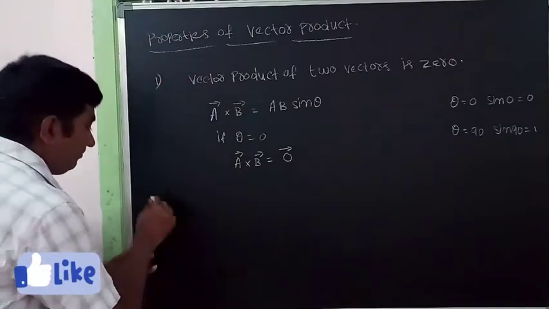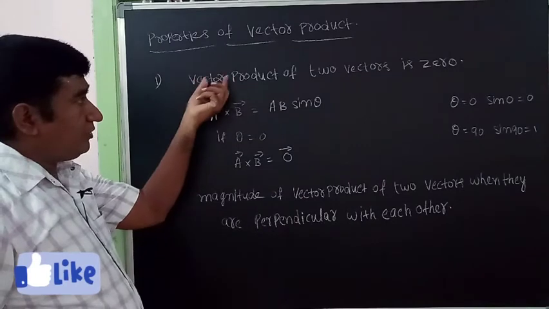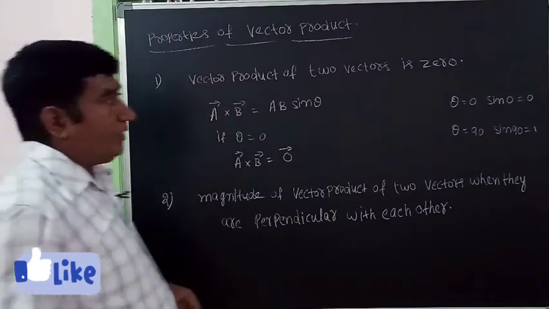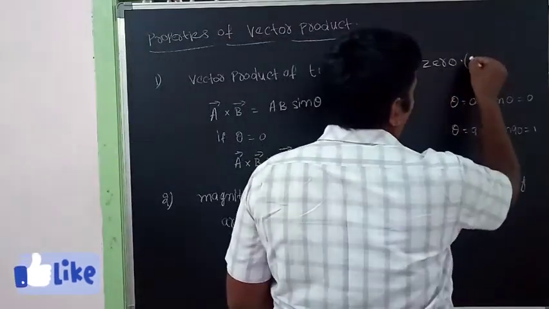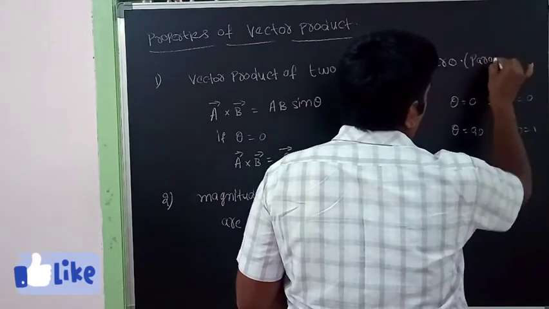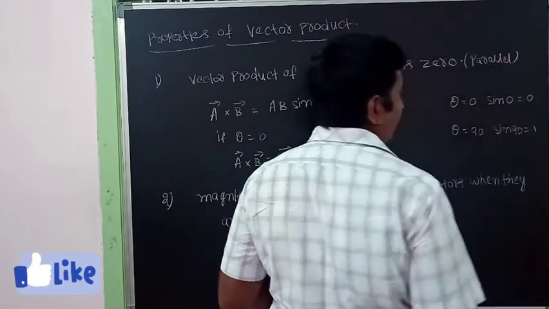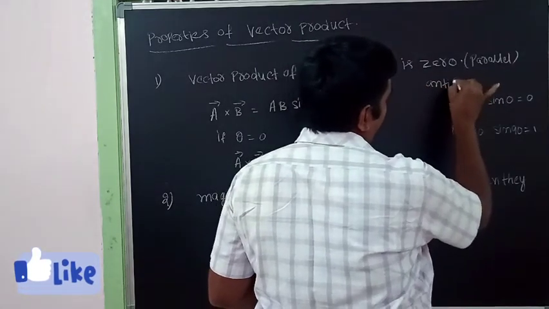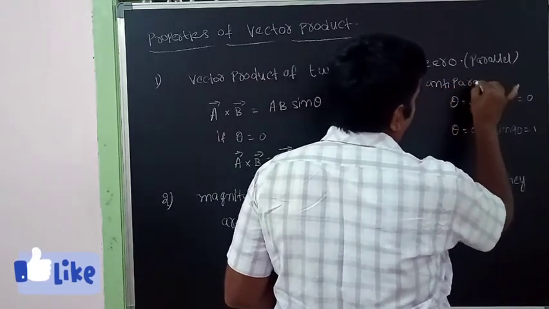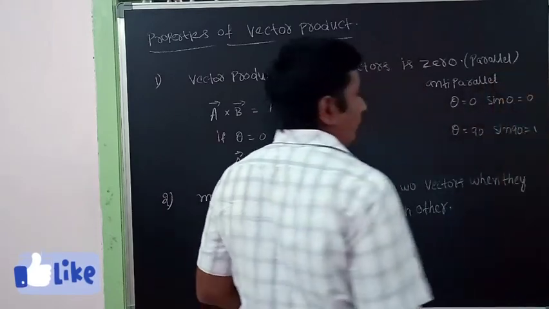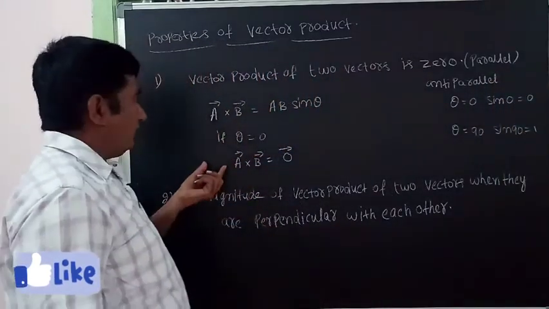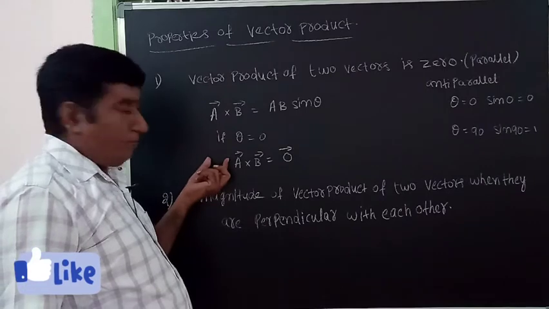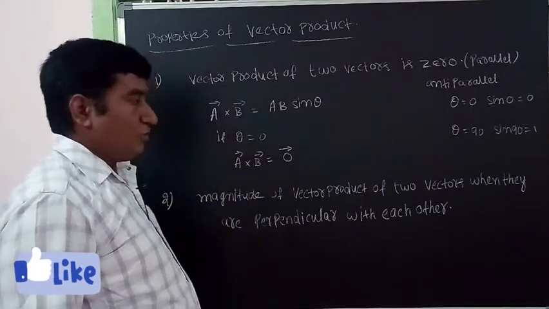Okay, next, this 0 we can take whenever they are parallel. In case of parallel, or anti-parallel also, we can get it. So in case of parallel or anti-parallel, the resultant magnitude is equal to 0.